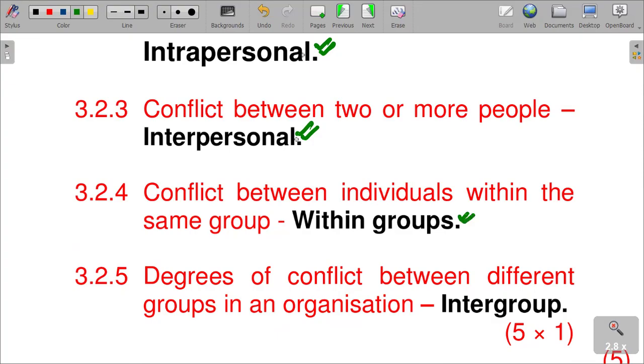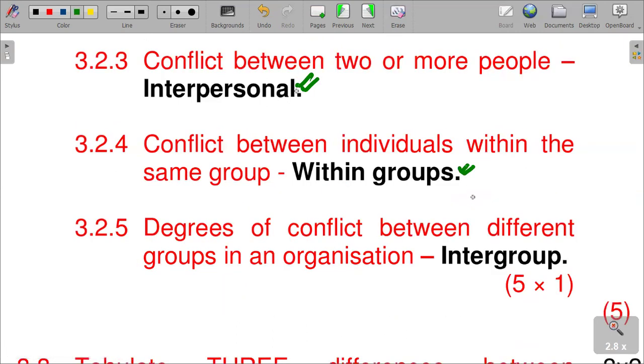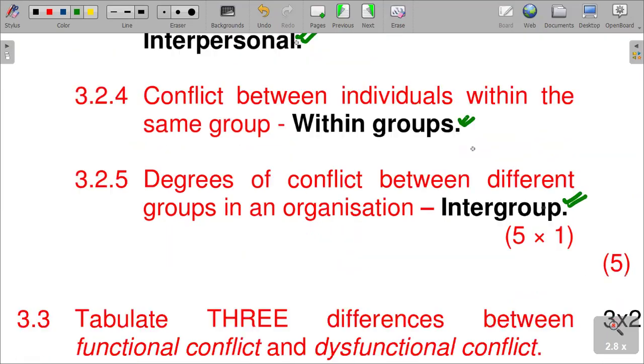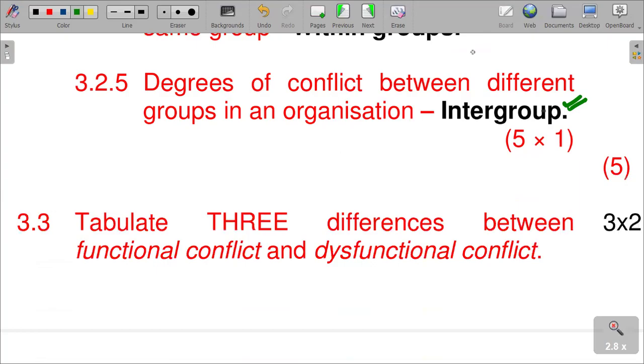Then conflict between different groups in an organization is intergroup conflict. So please note that these are the possible questions that you can get in your final exam.